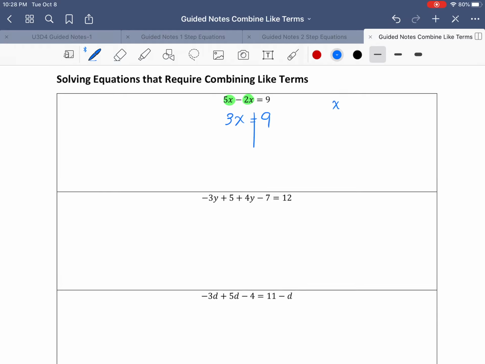Now here I know that my variable is x. I know that it's being multiplied by 3. So the inverse would be to divide by 3. So I'm going to divide by 3 here, divide by 3 here. 3 divided by 3 is 1. 1x equals 3. My final answer, x equals 3.